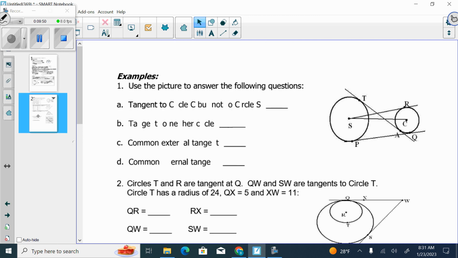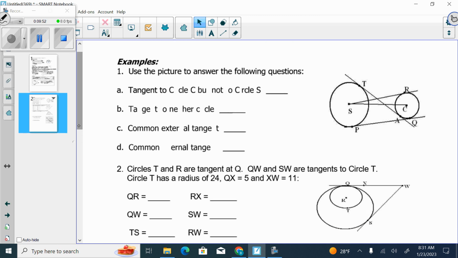Okay, so in the first one here, we're just identifying things. It says, use this picture to answer the following questions. I don't know really what happened, but it cut out some of my letters here, so we'll read it off of our paper. It says tangent to circle C, but not to circle S. So which one of these segments is a tangent for circle C, this one here, but not a tangent for the other circle?